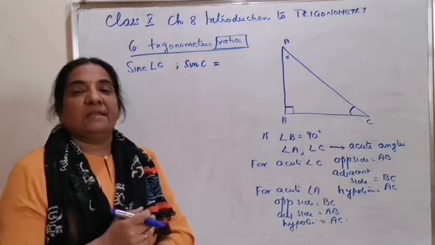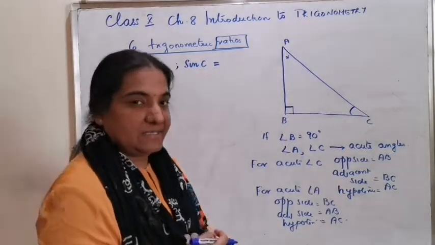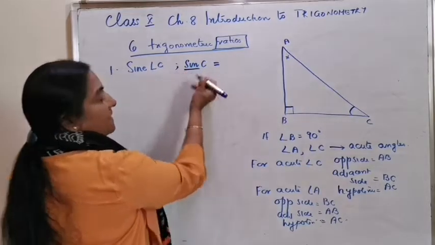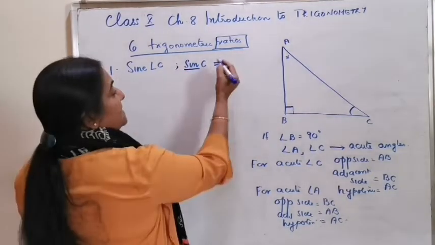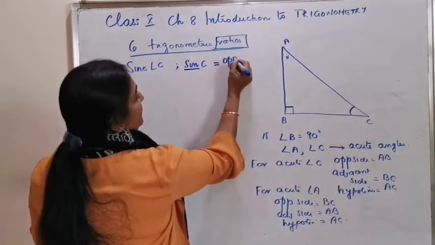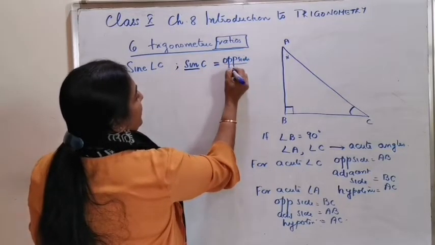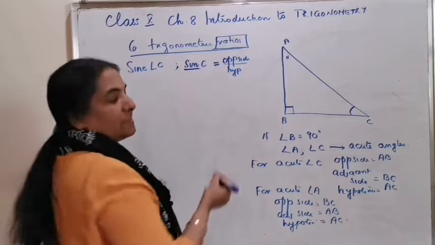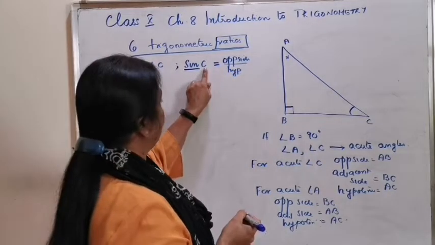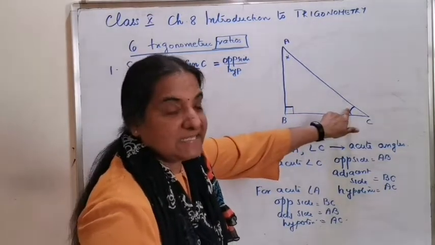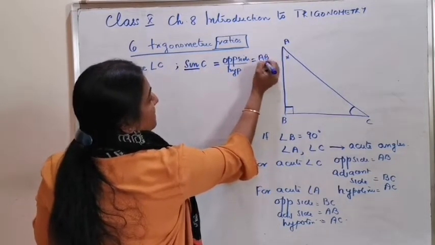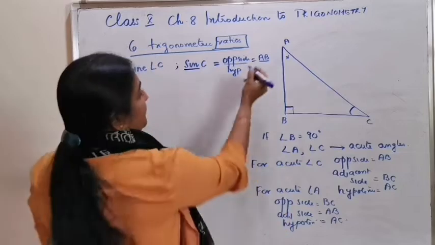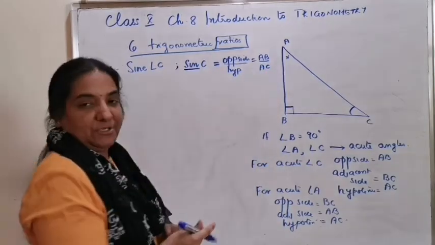No need of an angle symbol there. Sine represents, for that particular angle, the opposite side divided by hypotenuse. So for angle C, which is the opposite side? The opposite side is AB by AC, because AC is the hypotenuse.